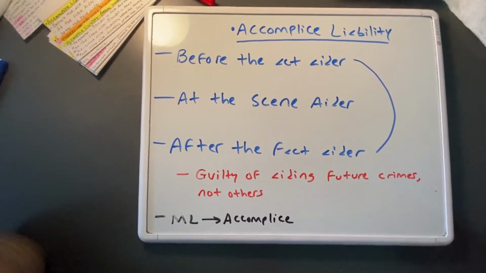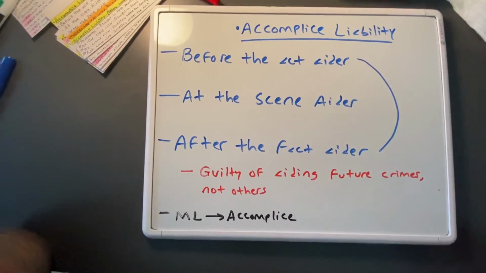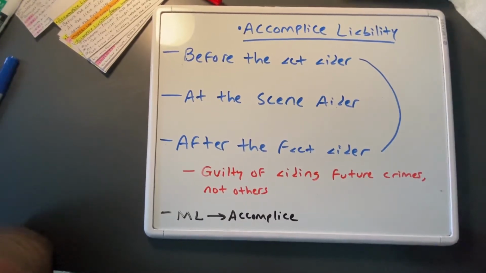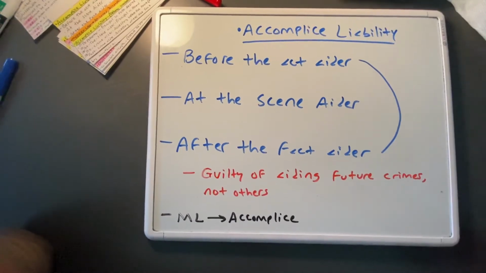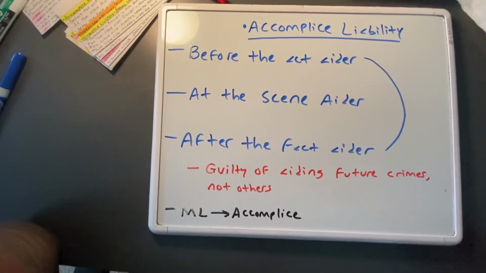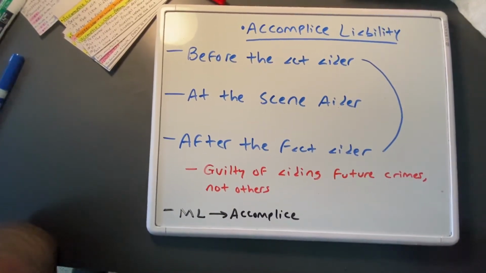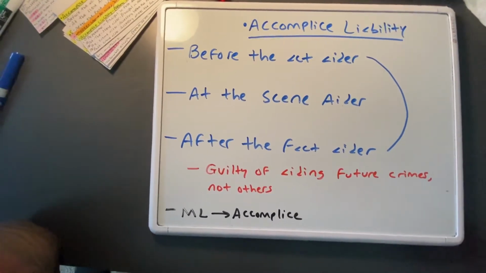We have the at the scene aider, with the case that recently happened with George Floyd. We all know that case, right? One of the cops killed George Floyd by placing his knee on Floyd in order to end his life. And there were three other officers who aided him in order for that homicide to be completed.